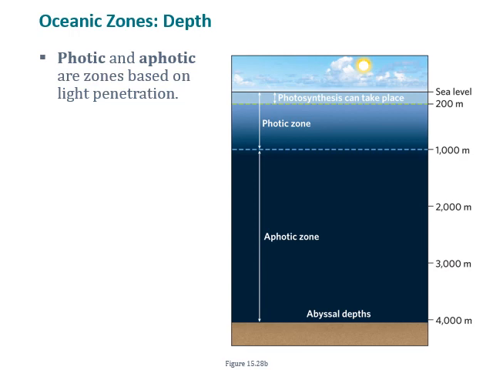These are based on light penetration, with the photic zone being the upper 1,000 meters of an ocean where light can penetrate, and the aphotic zone being anything below 1,000 meters, all the way to abyssal depths. Importantly, photosynthesis can only take place in the upper 200 meters of the ocean. This is part of the photic zone, but is an especially strong part where we have strong sunlight.